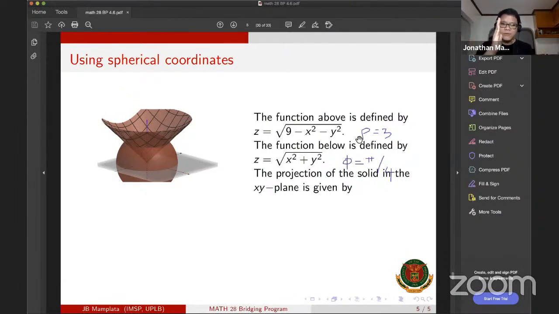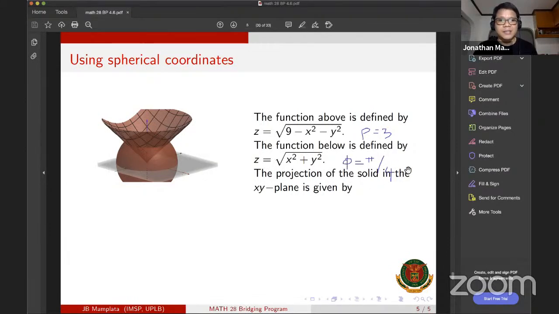Okay? So kung from the positive z-axis, papababain mo lang siya, pero yung pagbaba ng line segment na yan ay hanggang dun sa boundary lamang ng cone.